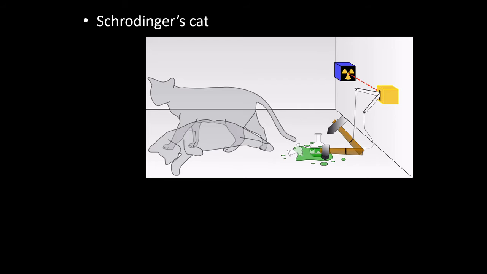We have a thought experiment where we have a box, and inside the box we have a radioactive isotope that could decay at any second. We don't know if it's going to happen in 1 second, in 100 seconds, in a million seconds. We have no control over it. It could happen at any time.